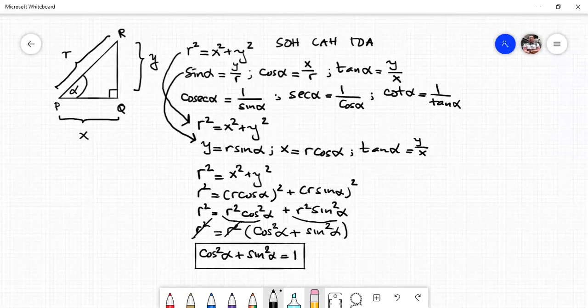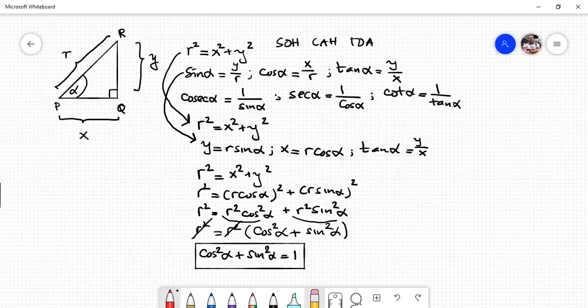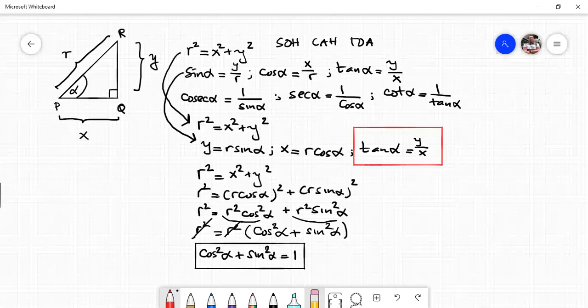Then we continue further, yeah? So now I'm using red color. I take this. Tangent alpha is, okay, Y over X. And the same thing, what I'm going to do here is I just plug in Y with R sine alpha and X with R cosine alpha.